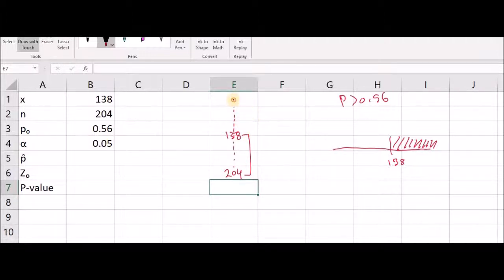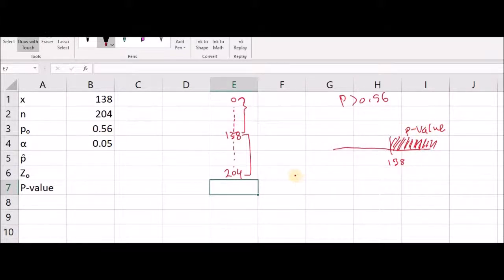That means it computes the probability of 0, then adds the probability of 1, then adds the probability of 2, and so on. Basically, it accumulates all of these numbers up to the number where I want to stop. So I want to find the area for the p-value.